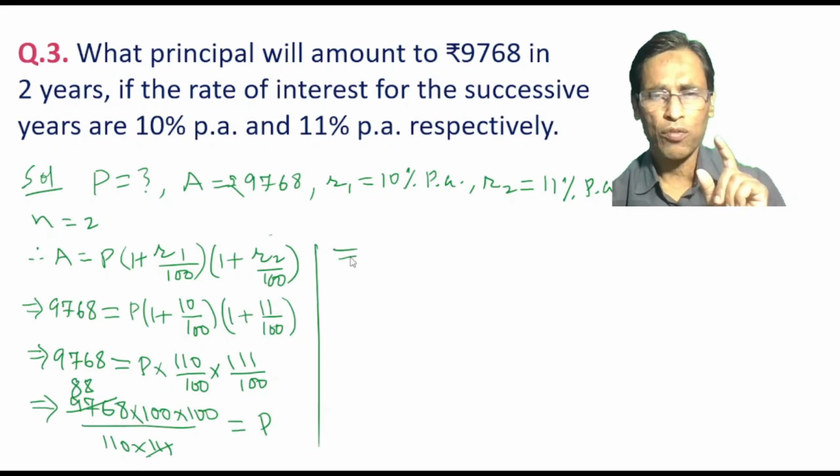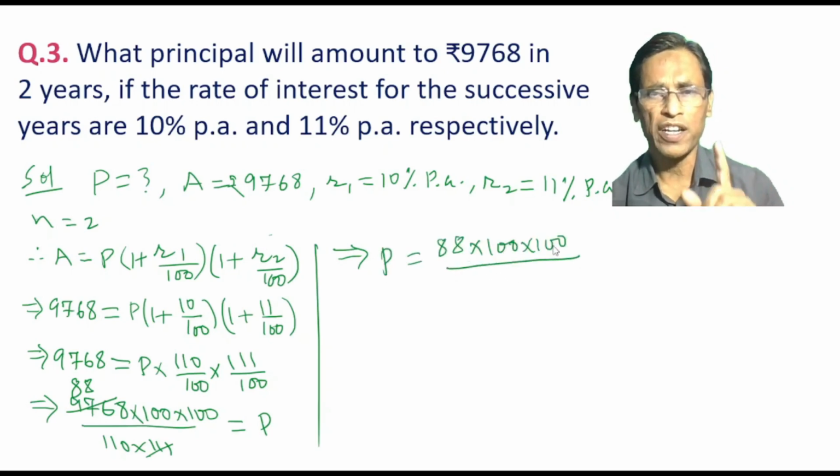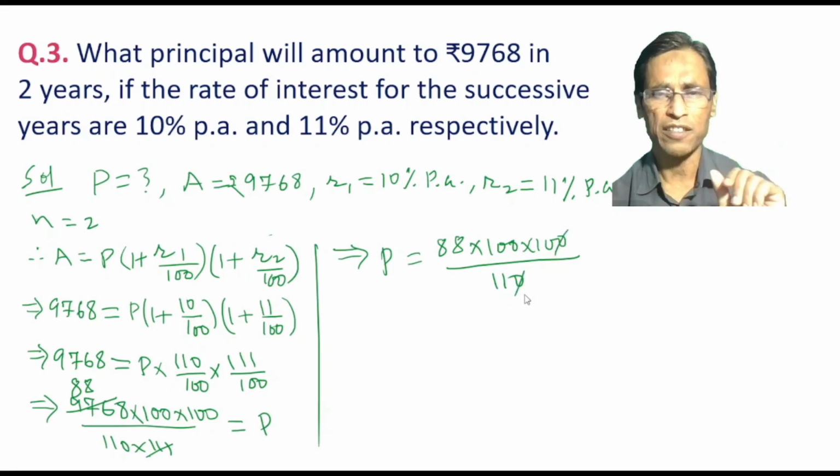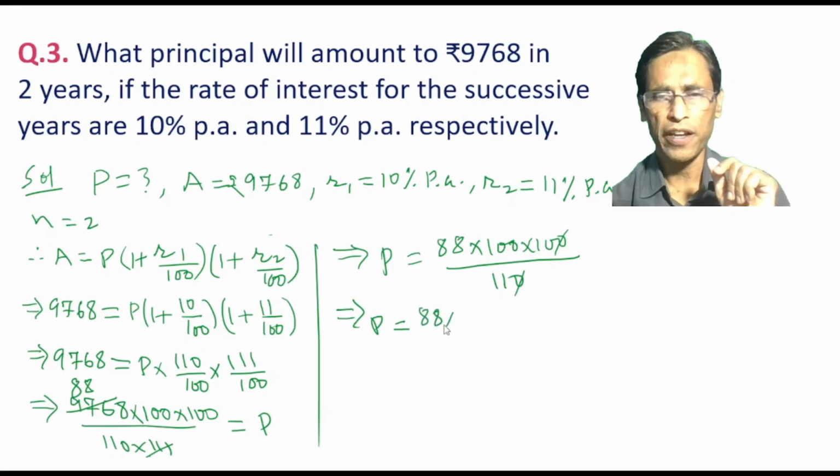And now we proceed for P. 88 into 100 and divided by 110. The 0 of 110 and the 0 of 100 can be cancelled. In the next step, we have P equal to 88 into 100 into 10 by 11.